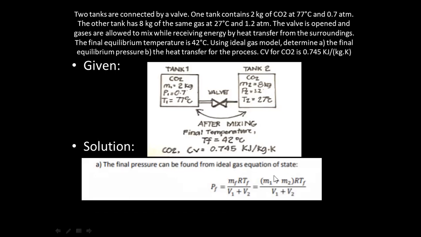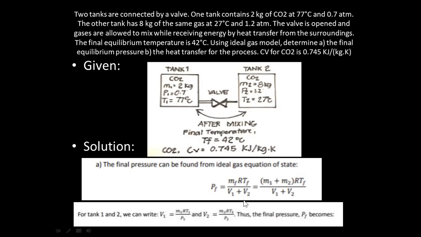For the ideal gas equation of state, the final pressure is equal to mF, the mass of the final mixture, multiplied by R, the gas constant, multiplied by the final temperature, which is the mixing temperature, all over the volumes of the first gas and the second gas.